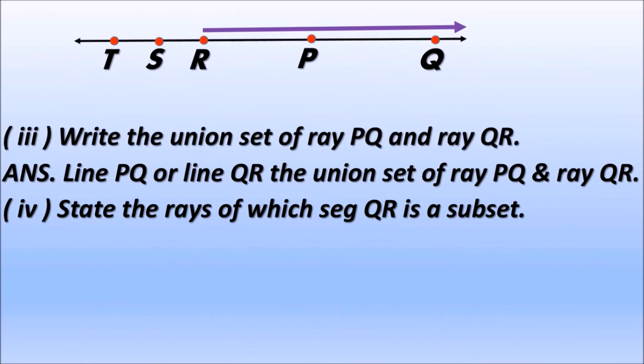Now here we have ray SQ, and you can see that seg QR is a part of this ray also. Therefore seg QR is a subset of ray SQ.